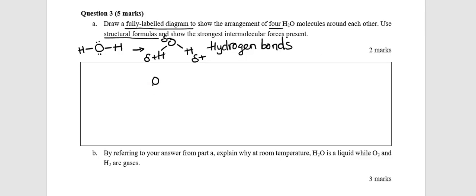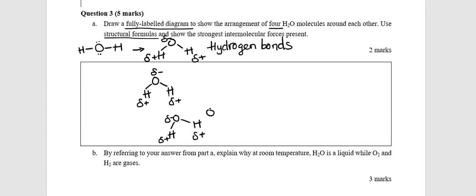Now you don't have to be too concerned about how V-shaped your H2O should be. It is supposed to be around 109, I think 120 degrees is what it's supposed to be, but I'm not going to measure your actual angle. As long as it looks decent enough, it's okay. All right, so I'm going to do another one here, and I'm going to label the dipoles as I go.